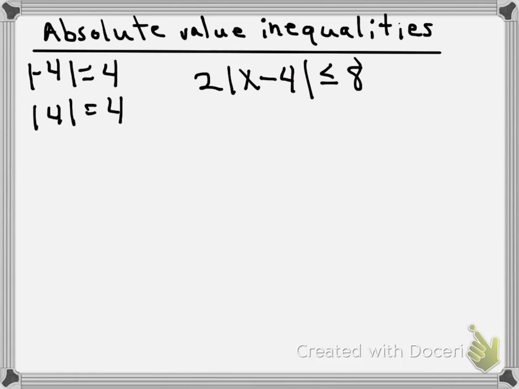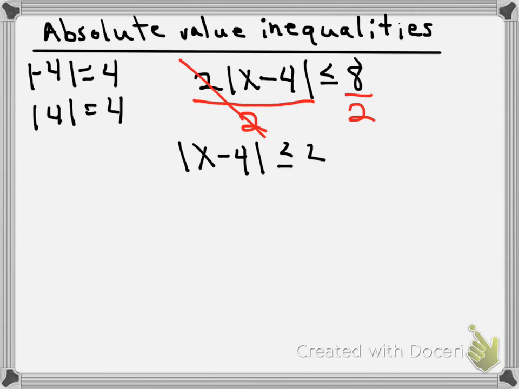To do that, we're going to get whatever is outside of the absolute value part away. So if we've got a 2 multiplying by x minus 4, the opposite of that is 2 divided out. The 2's reduce to 1, or cancel out if you want to call it canceling out. So what we end up with is the absolute value of x minus 4 is less than or equal to 4.